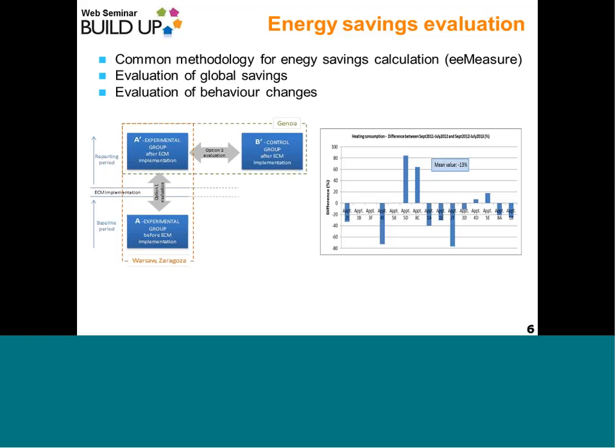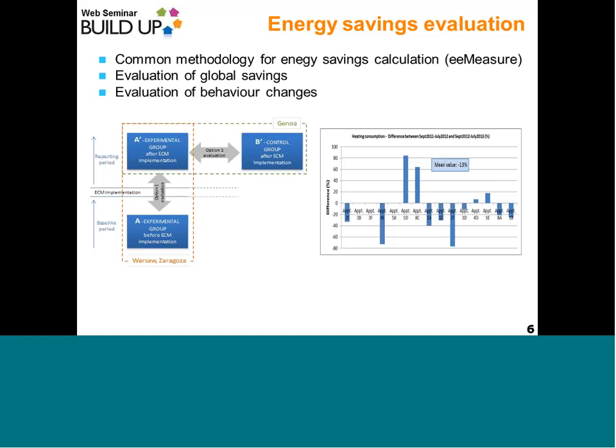In the case of the E3SoHo, we have followed two different options for calculating the savings, depending on the pilot. For the Zaragoza and Warsaw pilots, what we did was to first have a period for elaborating a baseline consumption, during which period the tenants did not use the ICT solution.